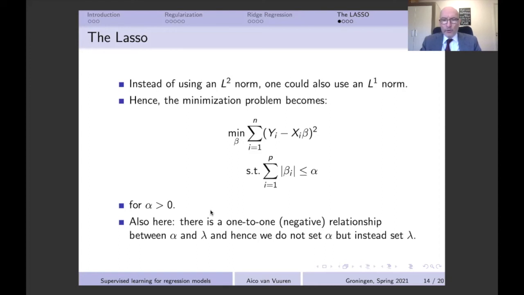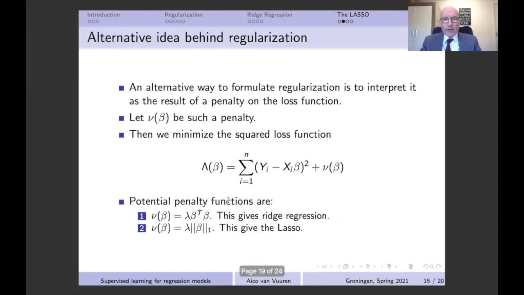But before I do that, I would like to very quickly discuss an alternative idea behind regularization. The way I have presented regularization right now, I do think is a very nice way. In my opinion, it is very intuitive to start with best subset selection, say that best subset selection is a way in which we minimize something subject to a restriction.